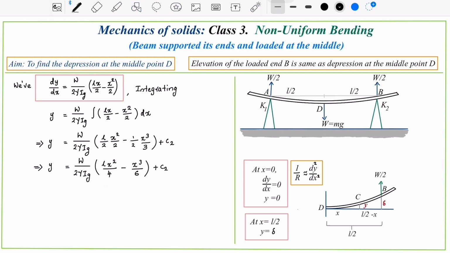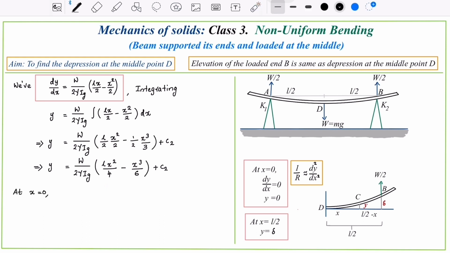Now what is the value of C2? We have at x is equal to 0, there is no elevation of the beam, y is equal to 0. That is, at x is equal to 0, y is equal to 0. Now substitute y is equal to 0 and x is equal to 0 in the equation, and we will get the value for C2.